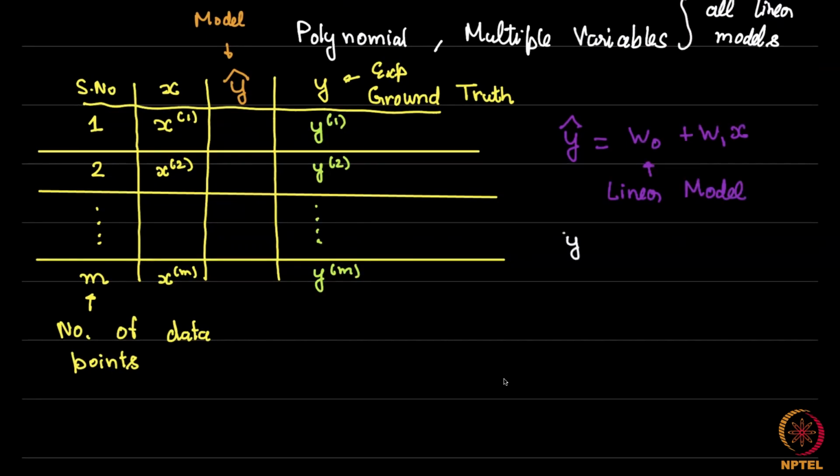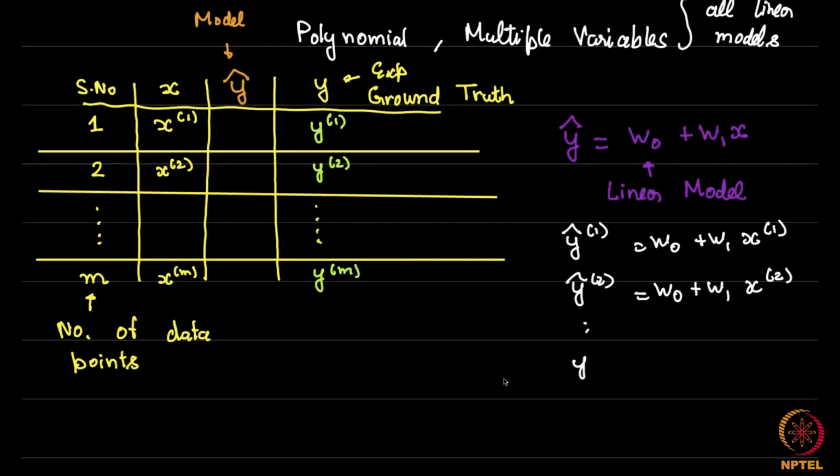So for example, y hat 1 would be w0 plus w1x1, and y hat 2 would be w0 plus w1x2, and in general y hat j equal to w0 plus w1xj.